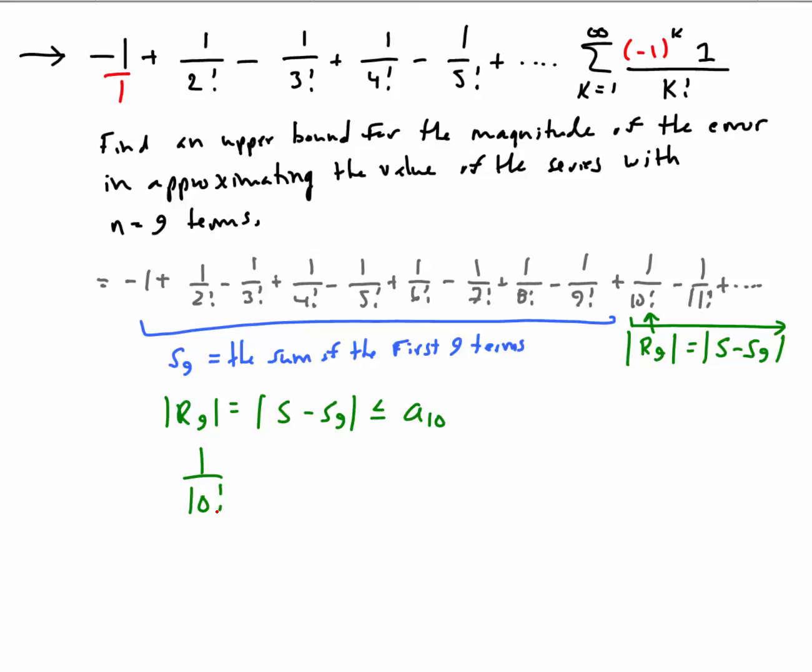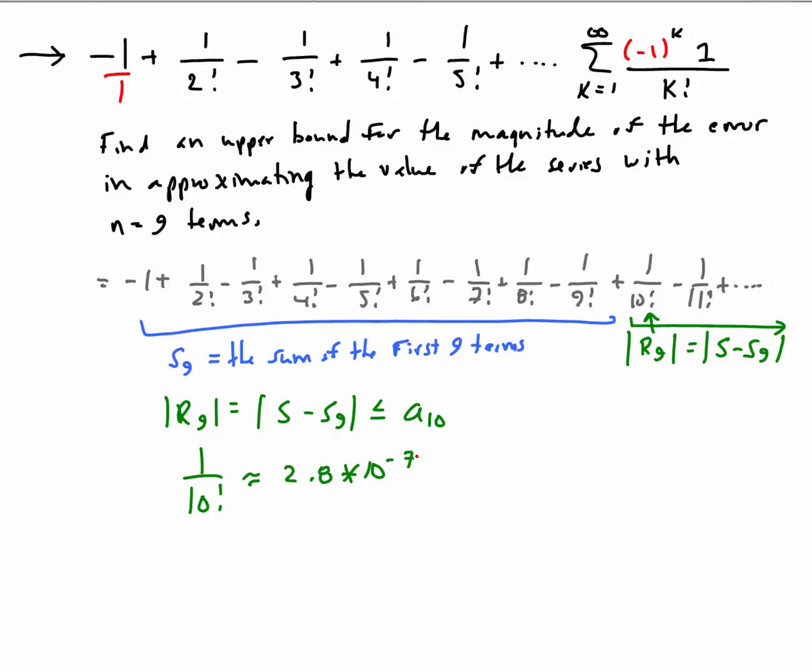And then we want this to be less than or equal to that a sub 10. So 1 over 10 factorial, you can actually grab a calculator to calculate that. That would be 1 divided by 10 times 9 times 8 times 7, etc. This is about 2.8 times 10 to the negative 7. It's a very, very small number.